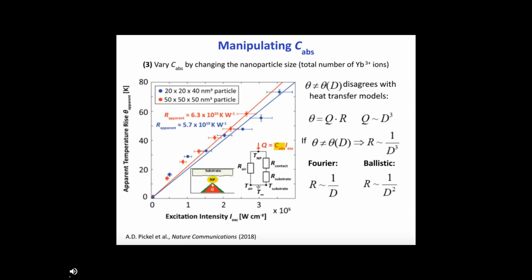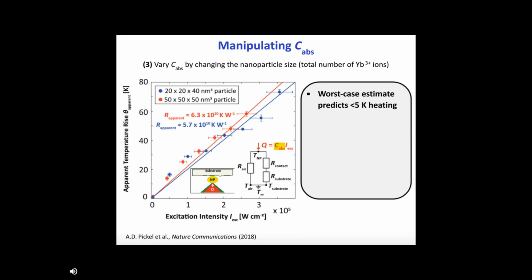But there's just no way that we can get that 1 over D cubed scaling. And so we concluded that the absorption cross-section and the particle diameter don't affect the heat dissipation. So just to recap what I've shown up to this point, first, our worst case scenario self-heating estimate predicted no more than a few Kelvin of heating.